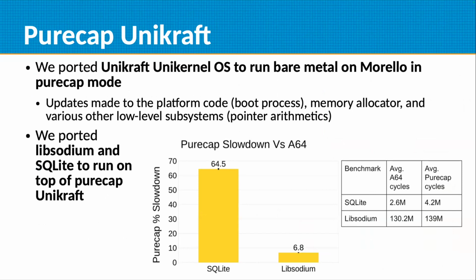And we measured performance. We found that SQLite is quite slower compared to the standard ARM64 execution. We didn't dig that much to understand why the numbers are like this, why libsodium has such a low overhead compared to SQLite. Possibly SQLite is much more pointer intensive.